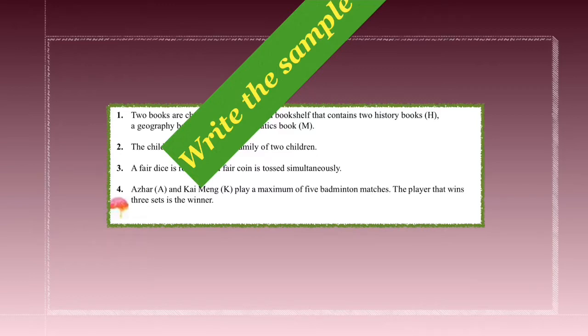Number 3, a fair dice is rolled and a fair coin is tossed simultaneously. Number 4, Azhar, A, and Kaimin, K, play a maximum of 5 badminton matches. The player that wins 3 sets is the winner. So please try to work out the answer before we discuss.